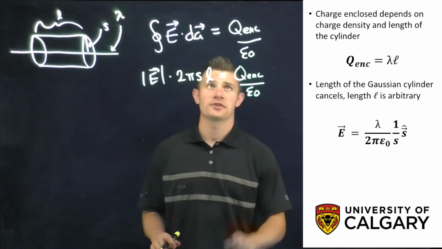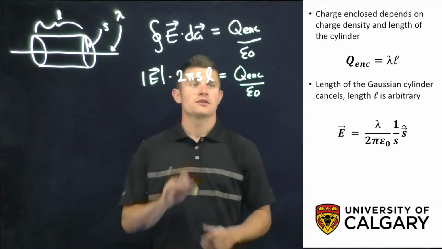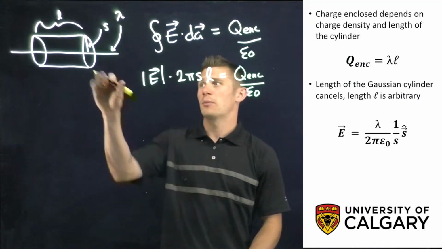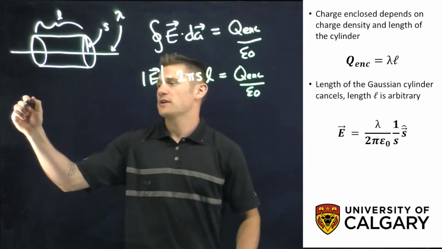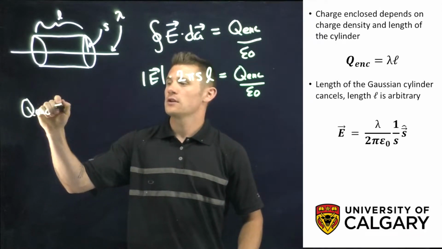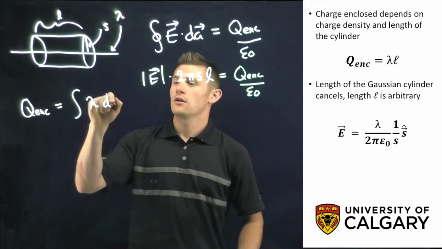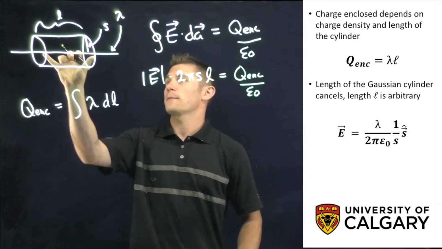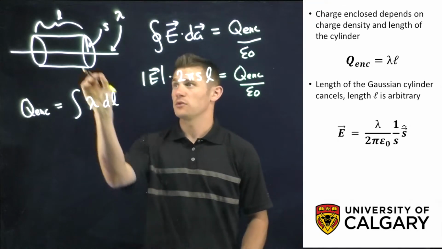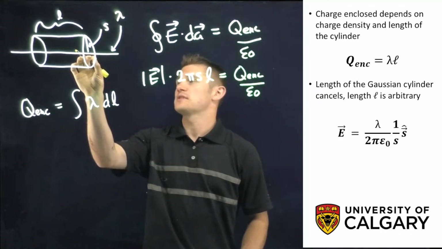To finish up this problem, let's look at the right-hand side of the equation. So we want to find the enclosed charge by our Gaussian surface. So we find that by saying that Q enclosed is equal to the integral of our charge density, lambda, along the length of our Gaussian cylinder. We'll call that dl, and we'll break it up into small steps, dl.